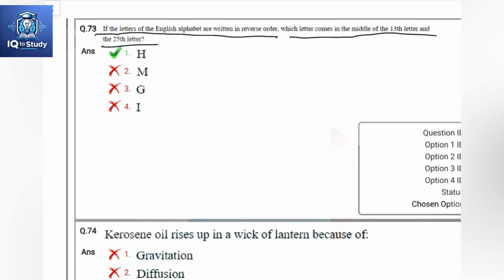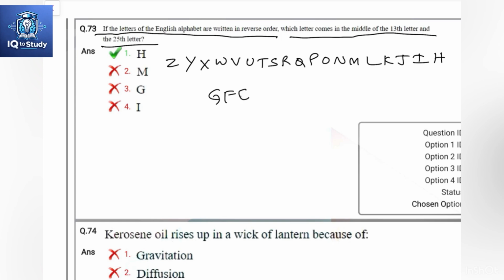English alphabets written in reverse order are Z, Y, X, W, V, U, T, S, R, Q, P, O, N, M, L, K, J, I, H, G, F, E, D, C, B, A. Here 13th letter is N and 25th letter is B. So from the given options, option 1 H is correct, which comes here.